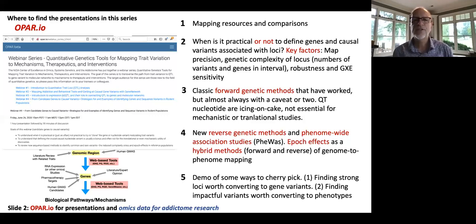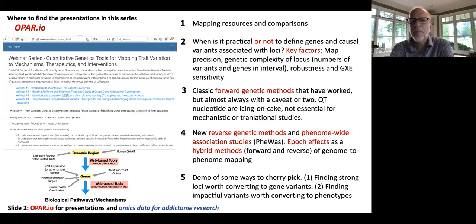In contrast, the fourth topic is hybridization of reverse genetic map methods and forward genetic map methods actually makes it quite practical now to clone variants and to define genes that are polymorphic in a particular cross.